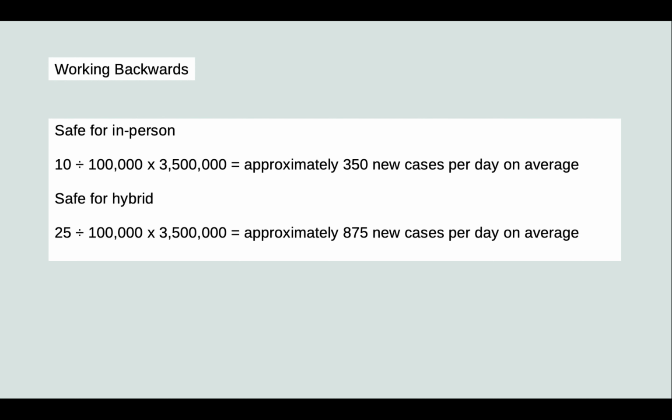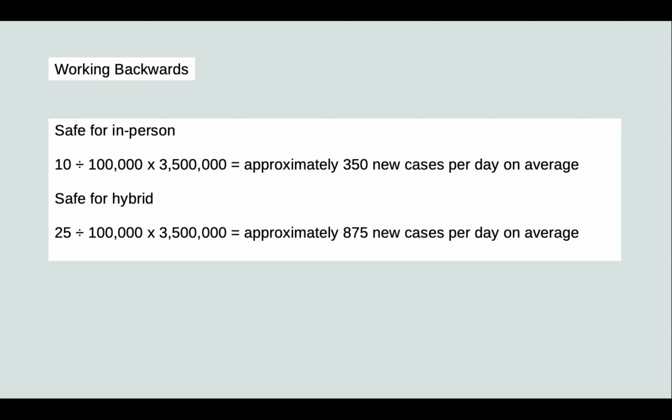We can take that 10 cutoff and 25 cutoff and work backwards. We can unpack the multiply by 100,000 by dividing by 100,000. We could unpack the dividing by the population by multiplying by the population. We can work backwards to find out how many new cases per day on average correspond to those cutoffs.